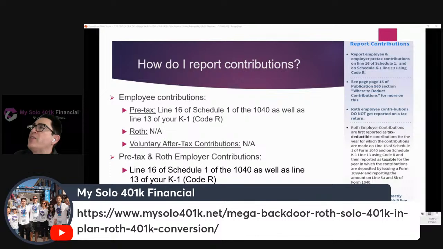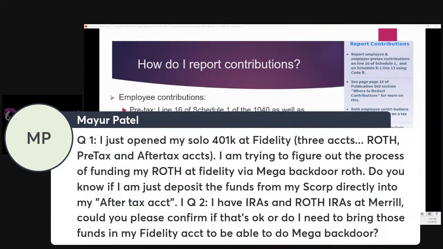Okay, now let's go back to Mayur's second question. So the second question is, I have IRAs and Roth IRAs at Merrill. Do I need to bring those funds into my Fidelity account to be able to do the mega backdoor Roth? And here the answer is no, because the pro rata rules apply differently to a solo 401k versus an IRA.